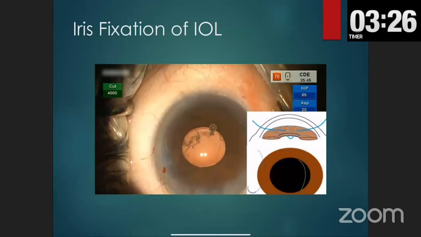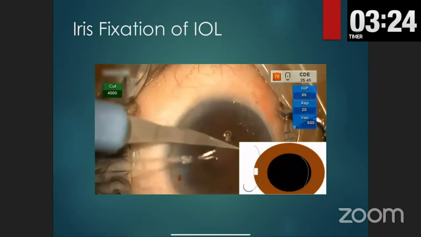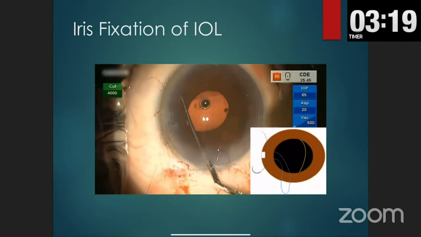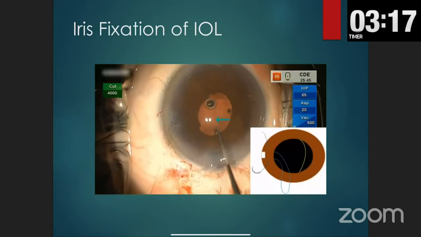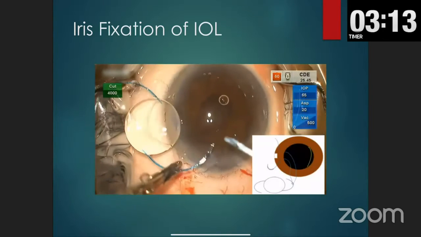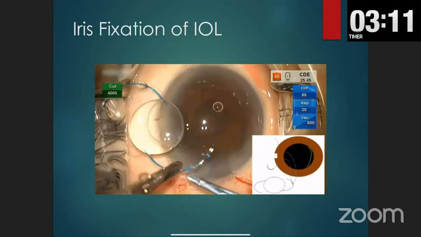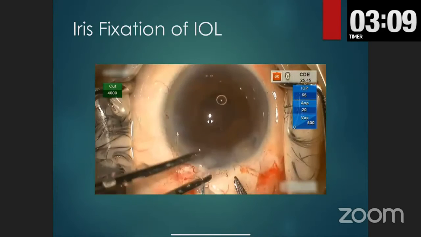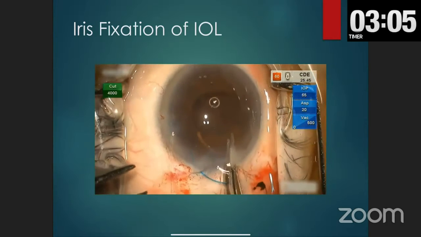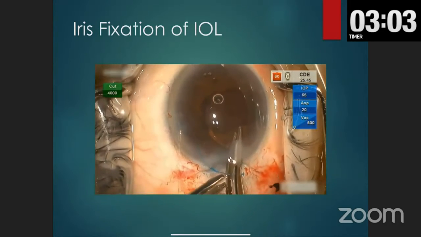After that, a 10-0 prolene suture with a long needle is passed from the limbus through the iris and then externalized through the iris and the limbus on the opposite side. And gently the 10-0 prolene suture is pulled out as a loop with the help of a Kuglen hook, and then it is looped around the haptic of the IOL.